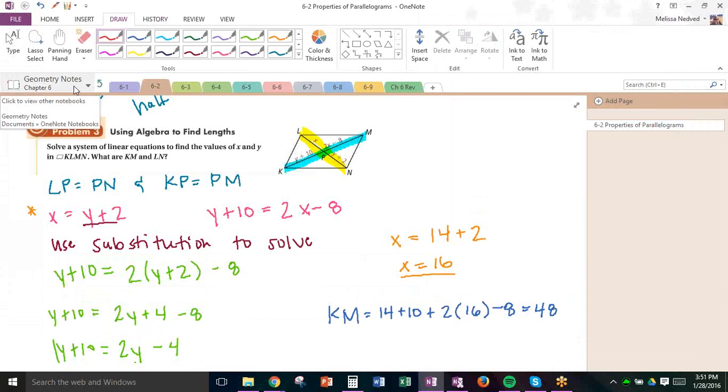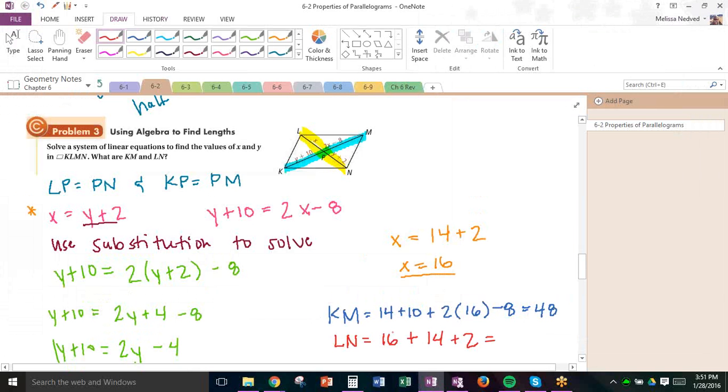And last, we want to find the length of LN. LN is just going to be LP plus PN. So I take my x value, which is 16, plus my y value, which is 14, plus 2. 16 plus 14 is going to give me a value of 30, plus 2 is 32.